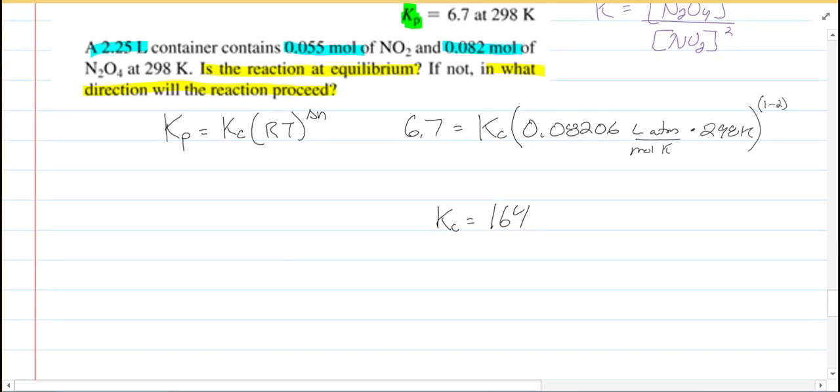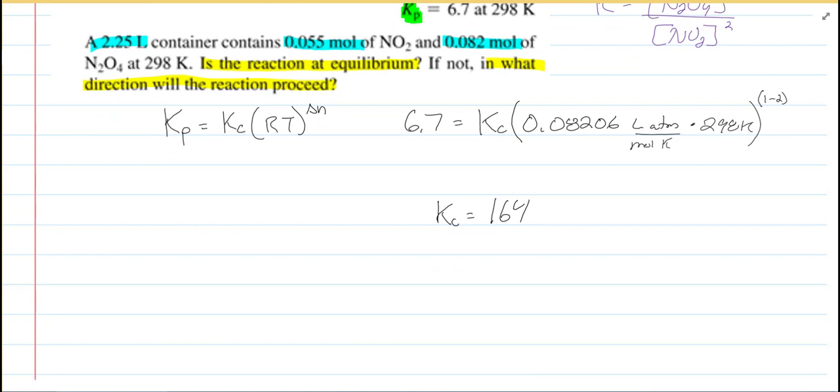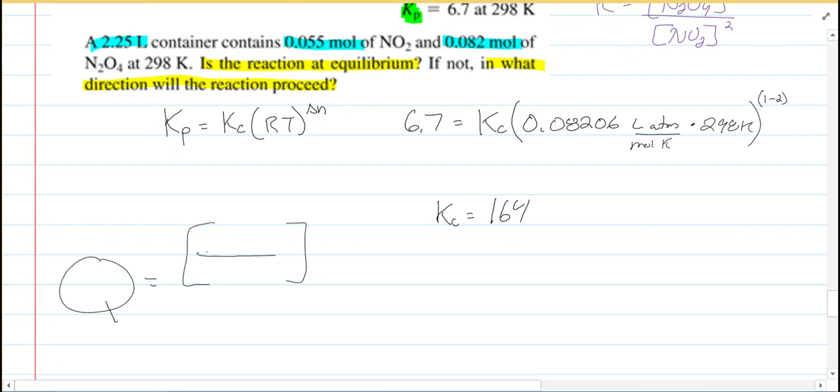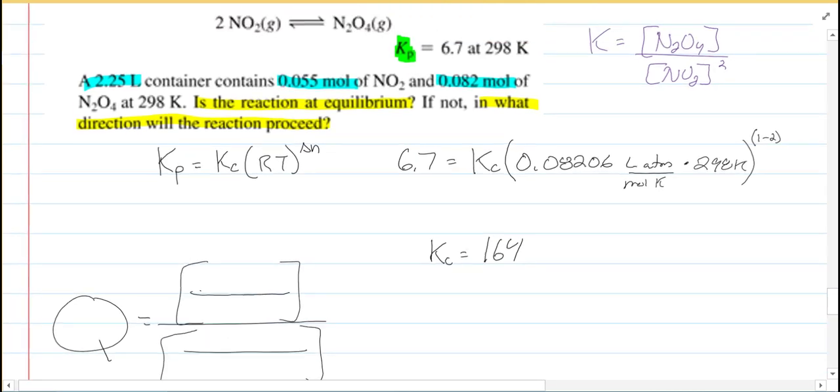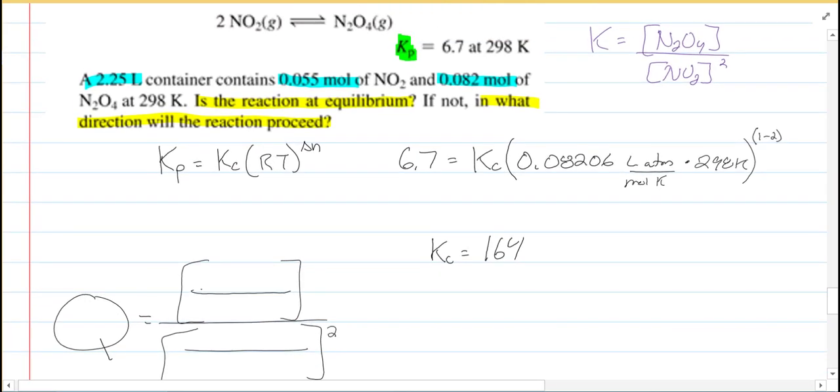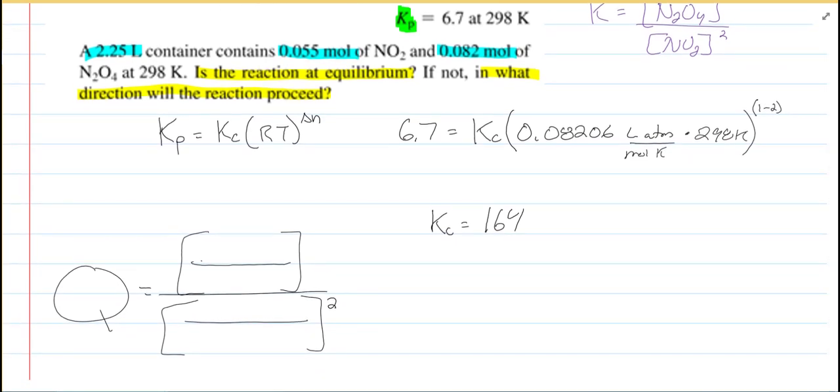So now I can plug in for the reaction quotient Q. Q would equal moles, I have NO2 on the bottom, 0.055 moles and 0.082 moles of N2O4, in a 2.25 liter container.